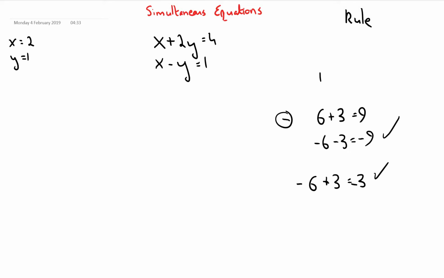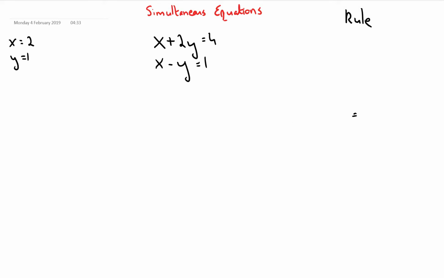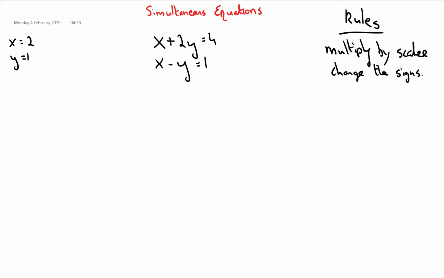I can multiply across by a scalar, so that's any number I want, and I can change the signs. Okay, so I have to change all the signs. Right, so here's my two equations.